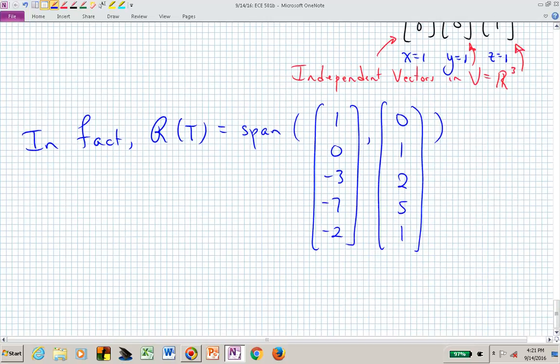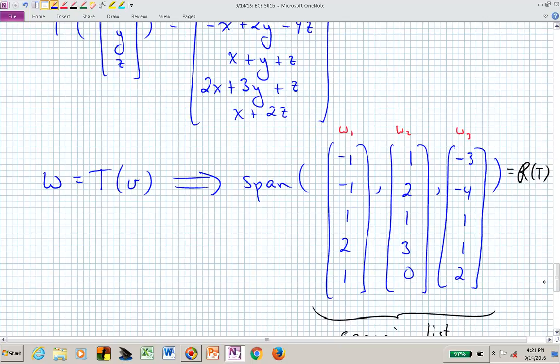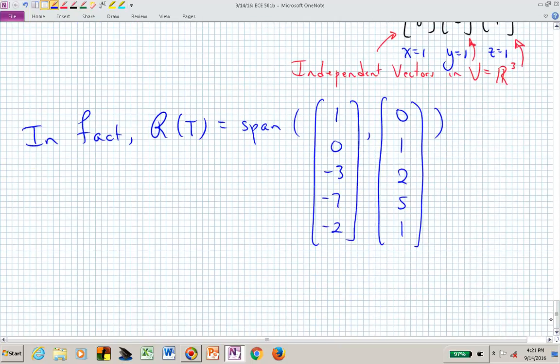And if you looked at the way I labeled these as W1, W2, W3, you can actually show that this particular column you could think of as minus W2 minus 2 W1, and this one is W1 plus W2.